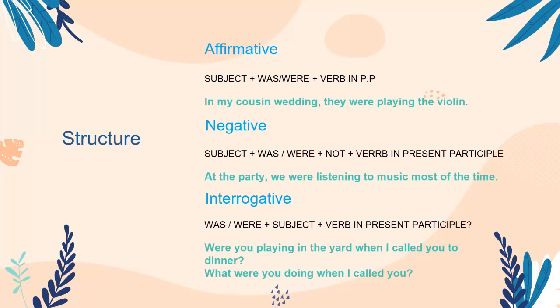To make an interrogative sentence, we have to put the auxiliary verb to be in simple past at the beginning of the sentence. Then comes the subject, and after the subject comes the verb in present participle. For example, were you playing in the yard when I called you to dinner?